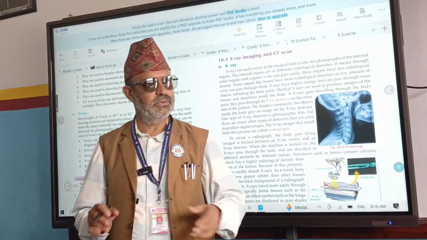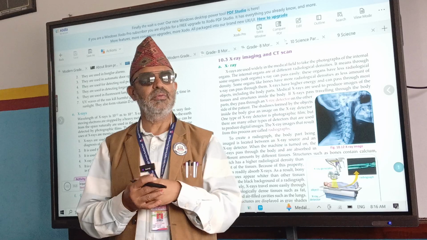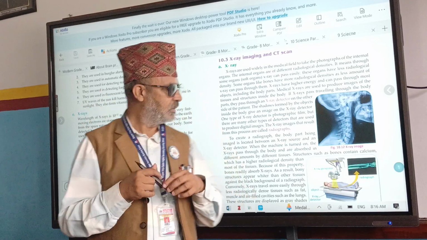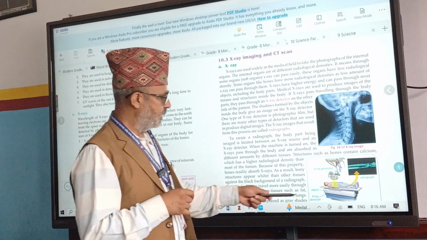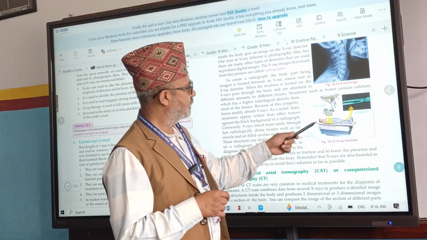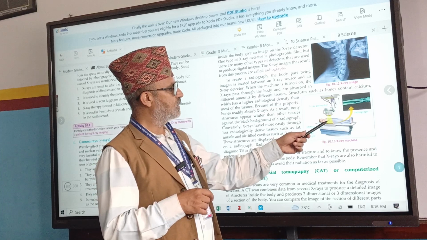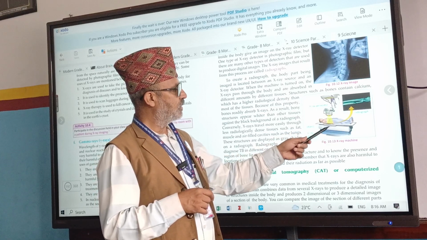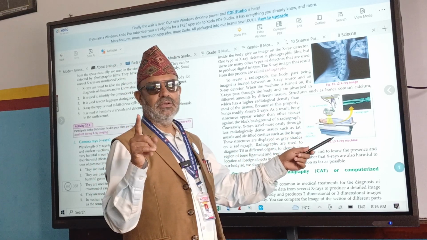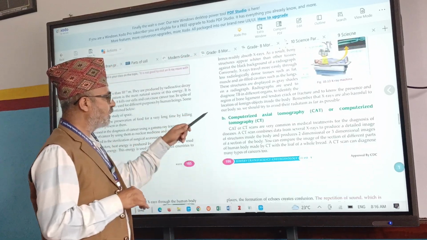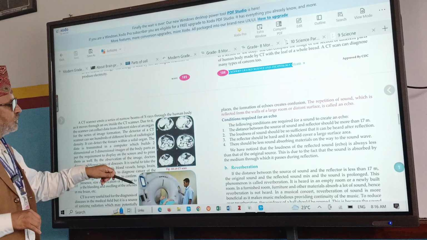You might have noticed, especially hard parts of our body, fractured bones or the head. Like see here. So here is an X-ray machine. Can you see the X-ray machine? You see, chest X-ray can be done, or fingers, palms, legs X-ray can be done. But a bit improved version is CT scan.